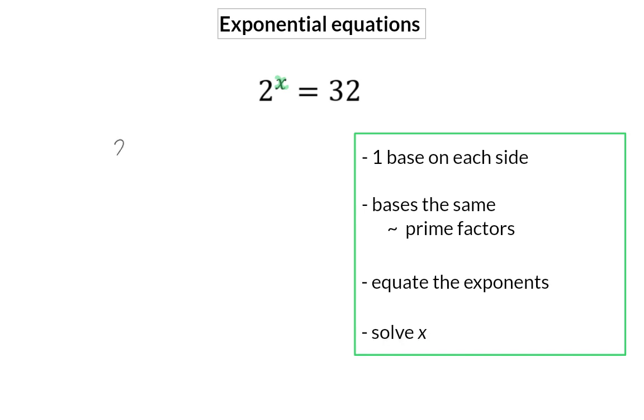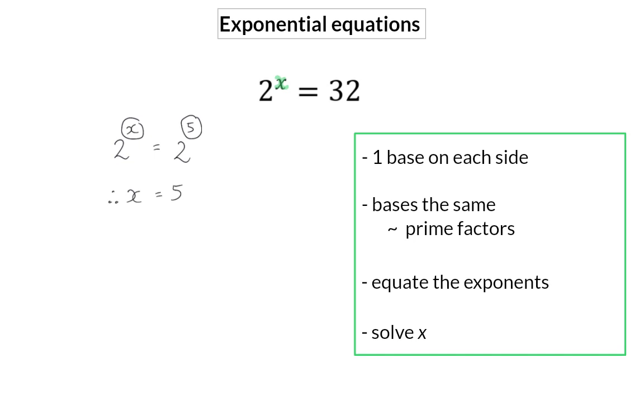In our example, the left-hand side is already one base, which is also a prime number, but on the right, I'm going to rewrite the 32 as 2 to the power of 5. Because the base on each side of the equation is the same, the exponent on the left has to be equal to the exponent on the right, which means I can equate the two exponents. And that means that x is equal to 5.